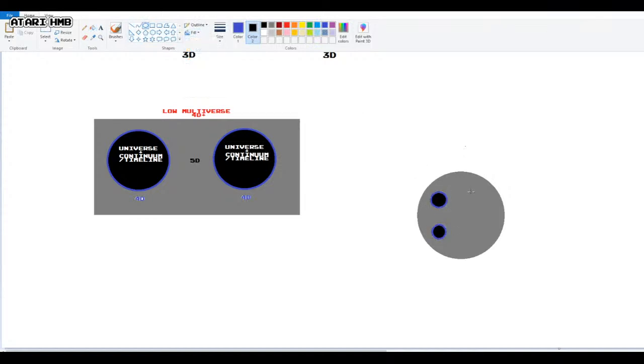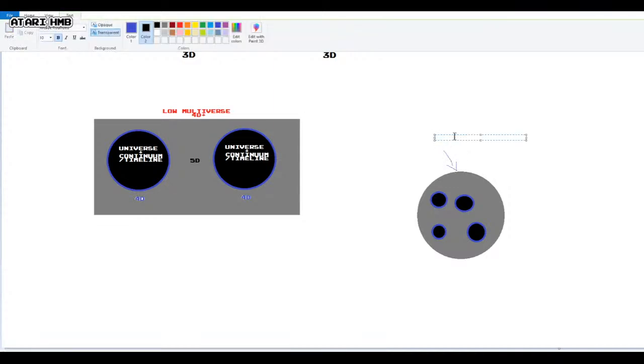Let's say there's 3 universes or 4 universes within this 5D continuum, and all 4 universes have their own timeline that expands about infinite history, right? Well, when you destroy this 5th dimensional continuum, you are now 5D, okay? 5D continuum.